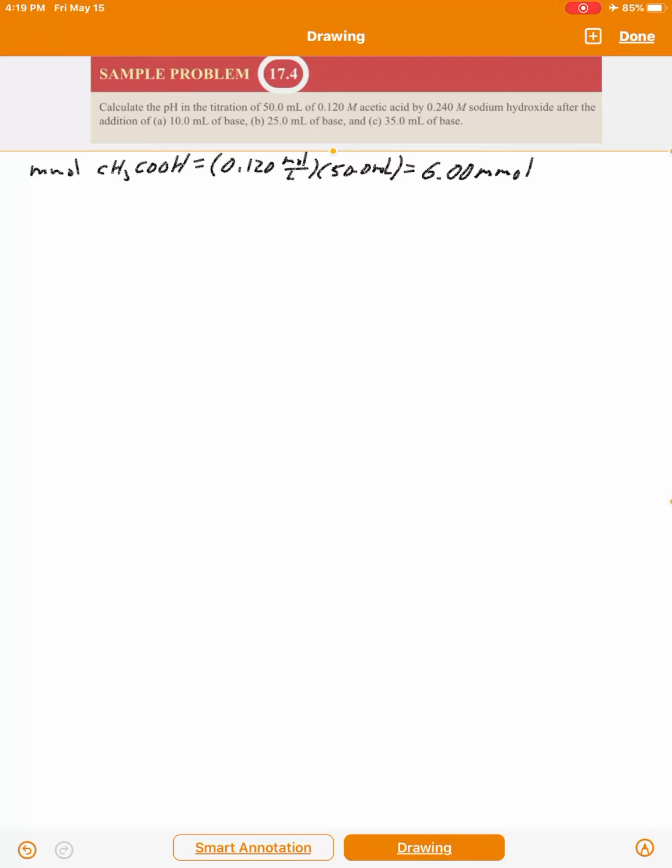And then in part A, the number of millimoles of sodium hydroxide would be, let's see, we got 0.240 molar, and it's 10 milliliters. 2.40 millimoles. Part B, it looks like we have 25 milliliters. Okay, so millimoles of sodium hydroxide.